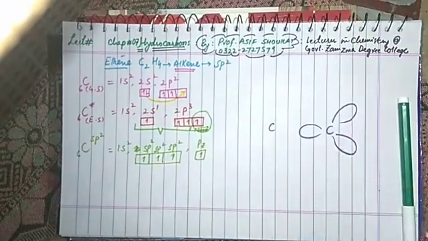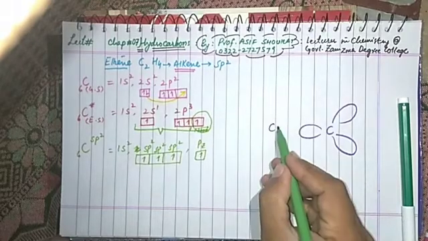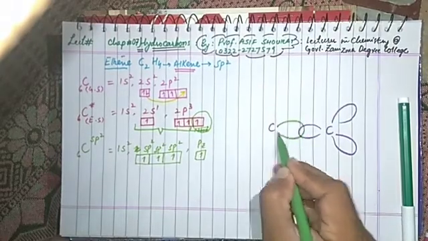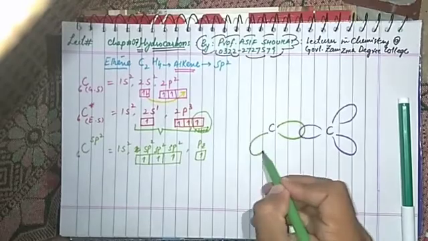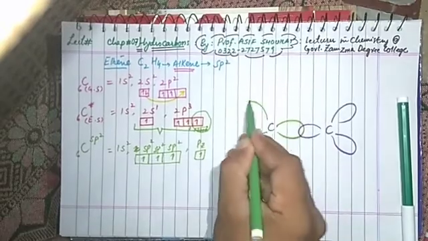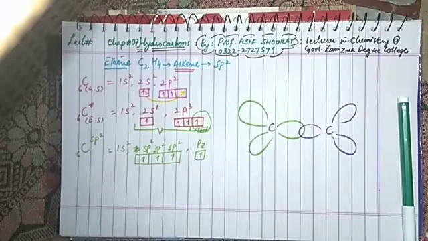There is one unhybrid along with each carbon. I'll make it at last. I'm drawing now with a different color. These are the 3 hybrid orbitals of this carbon.